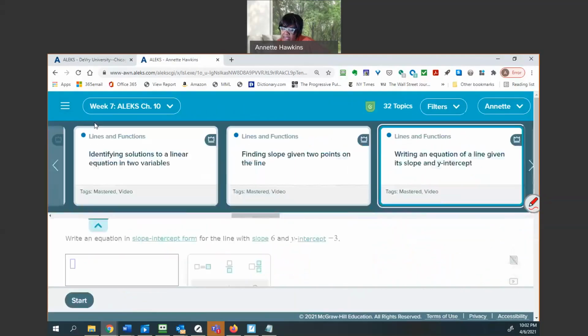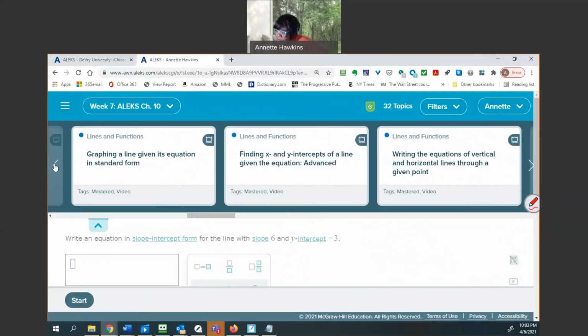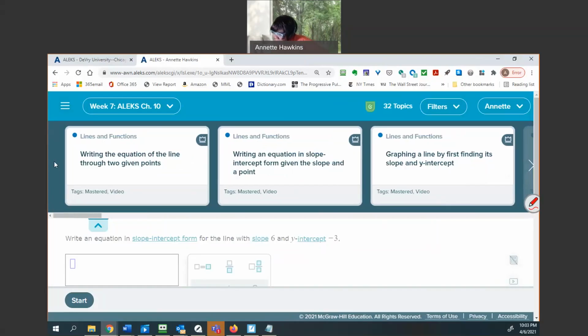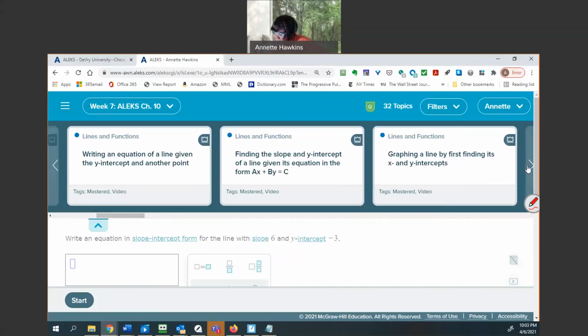Let's continue writing equations of lines. All right, this time we're going to be given a slope and a point. Let me find it.